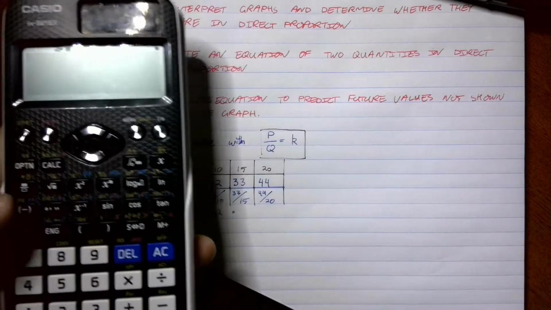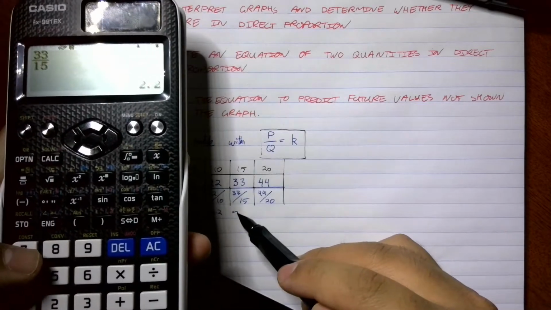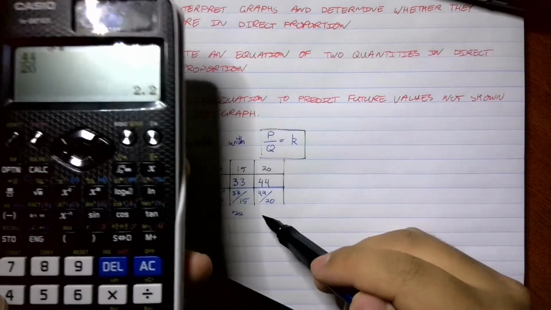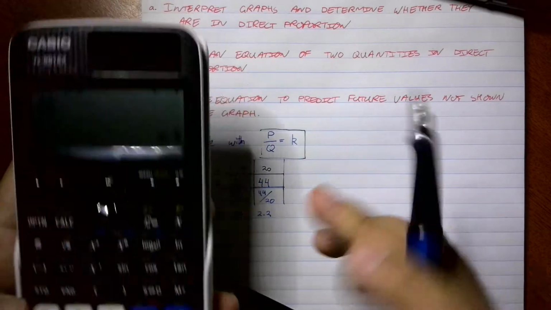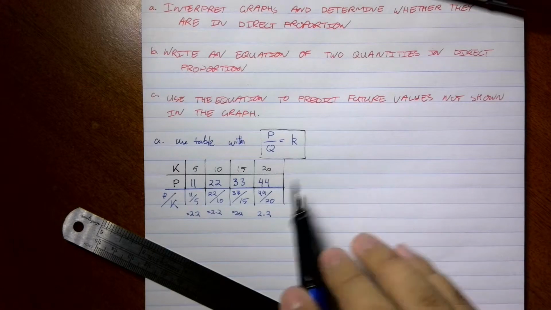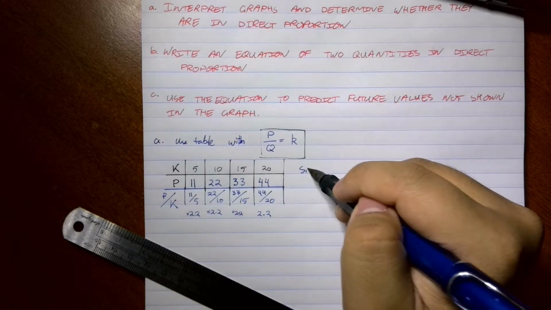Let's just double check here. 33 over 15, 2.2. And 44 over 20, also 2.2.